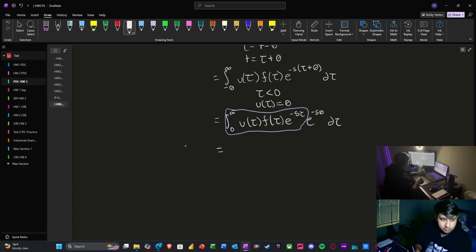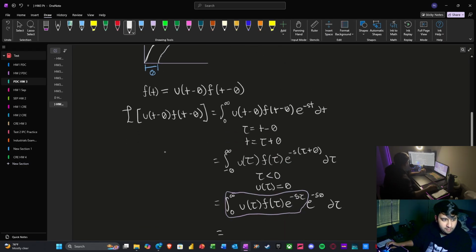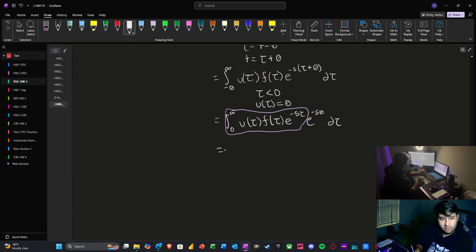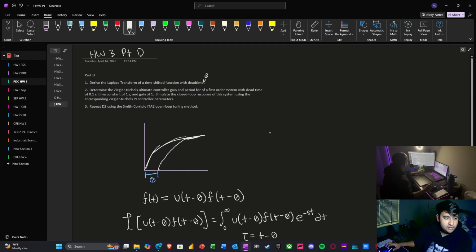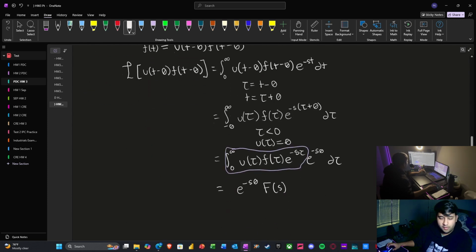So our Laplace transform will essentially just be e to the negative s theta times the Laplace transform of function f. Now we can utilize this and simulate our closed loop response.